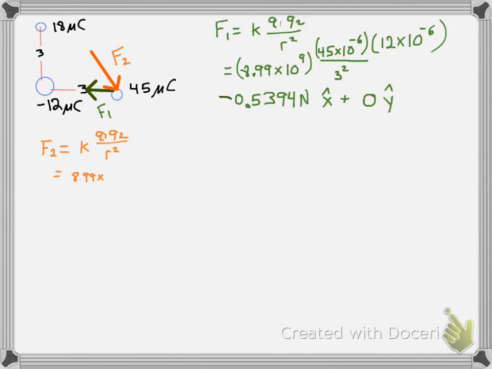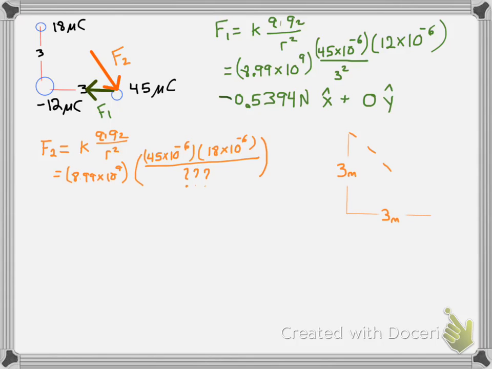We start with the k, which is 8.99 times 10 to the 9. We start with the q1, which is 40.5 times 10 to the negative 6, and the 18 times 10 to the negative 6. But we run into a problem because we don't know what the distance between them is. But we can find the distance using trig. If they're 3 meters and 3 meters, and we're trying to find the hypotenuse, a squared plus b squared equals 18, and I take the square root of that to find the actual distance.